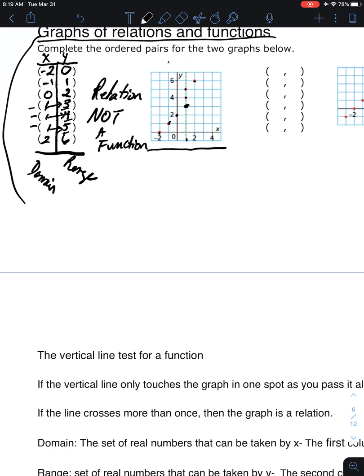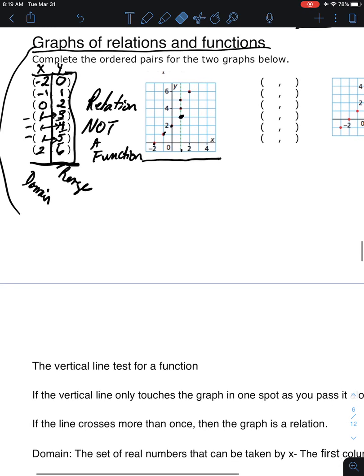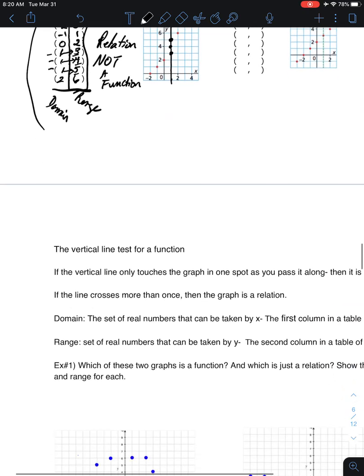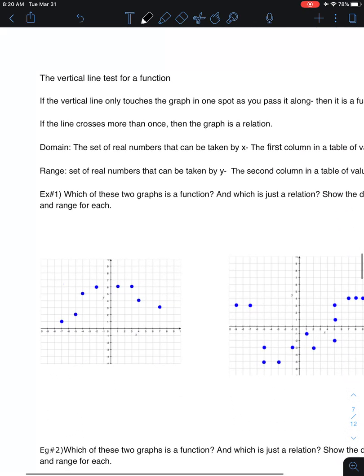And the other way we can tell that, if I don't have this table of values or I don't want to write out all those numbers, if you look at this graph, you can see right here there's a vertical line at 1, and you can see that it goes through this point and this point and this point. And so that is, down here, our vertical line test for a function.